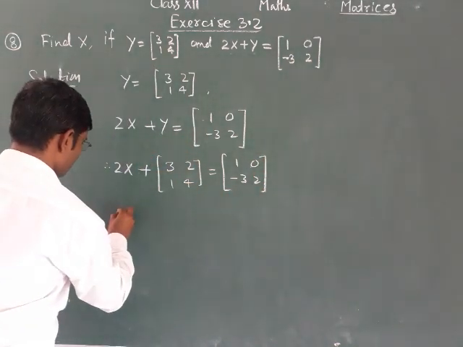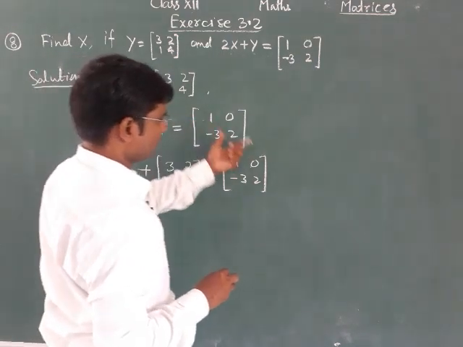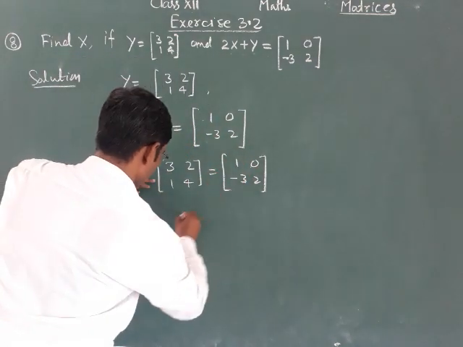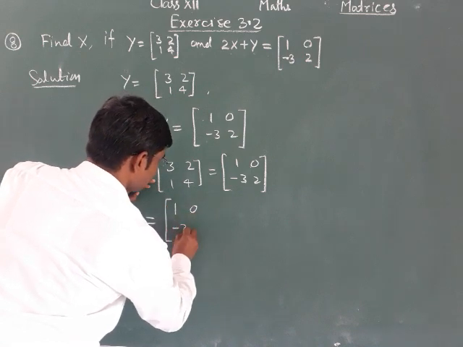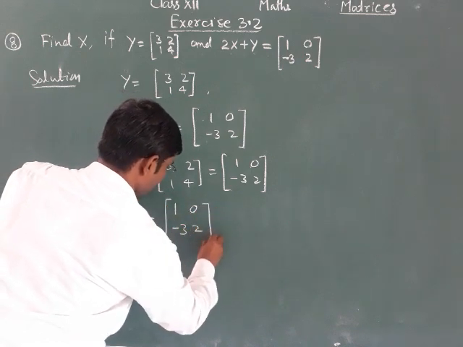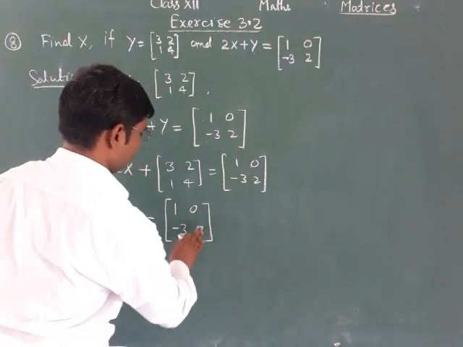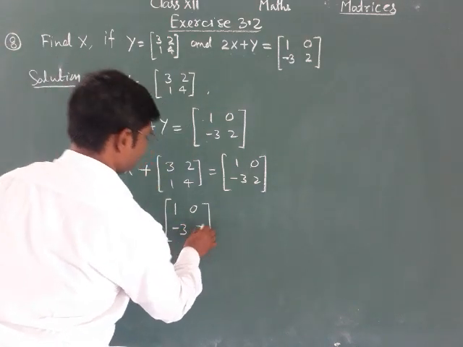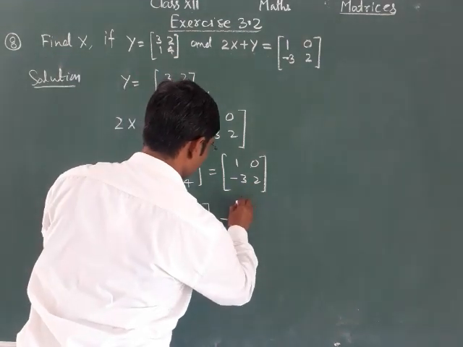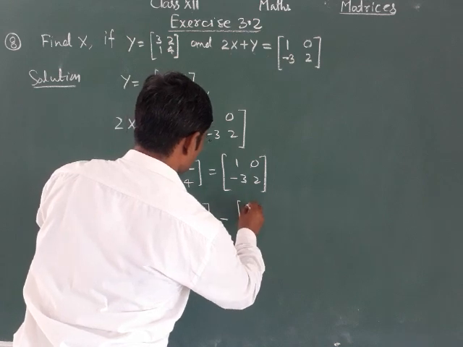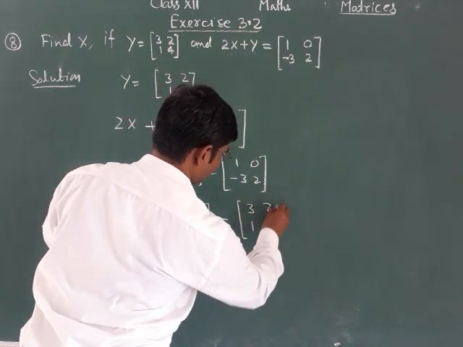So 2x is equal to this, transferring the positive term to the right with a changed sign. So matrix [1, 0; -3, 2] minus [3, 2; 1, 4].